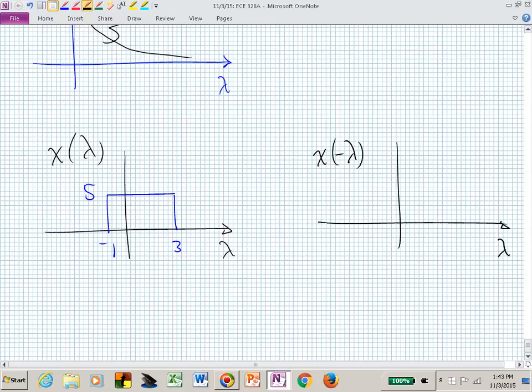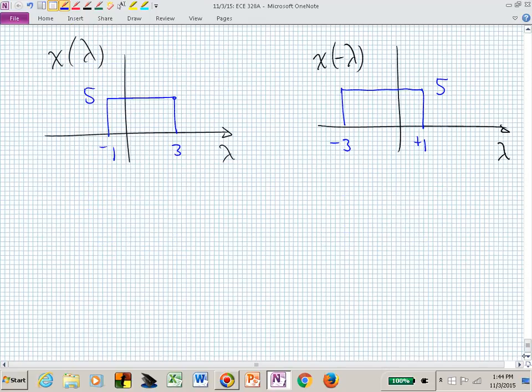Good thing I only rotated 180 degrees. I just need to go minus, right? So now this point that was right here moves over here. Is that clear? We just rotated x around the vertical axis. That's now x with a negative argument.